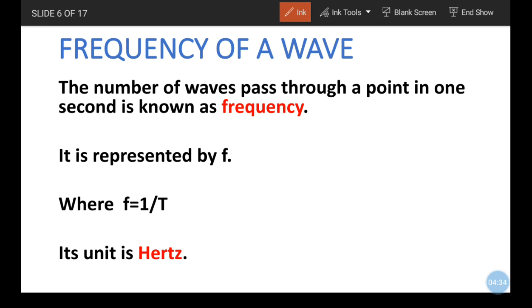For example, 2 waves pass through a point in 1 second, so the frequency of the wave is 2 Hertz. So the number of waves passing through a point in 1 second is known as frequency. Frequency is represented by small f, its unit is hertz. And you know the time period and frequency are reciprocal to each other.